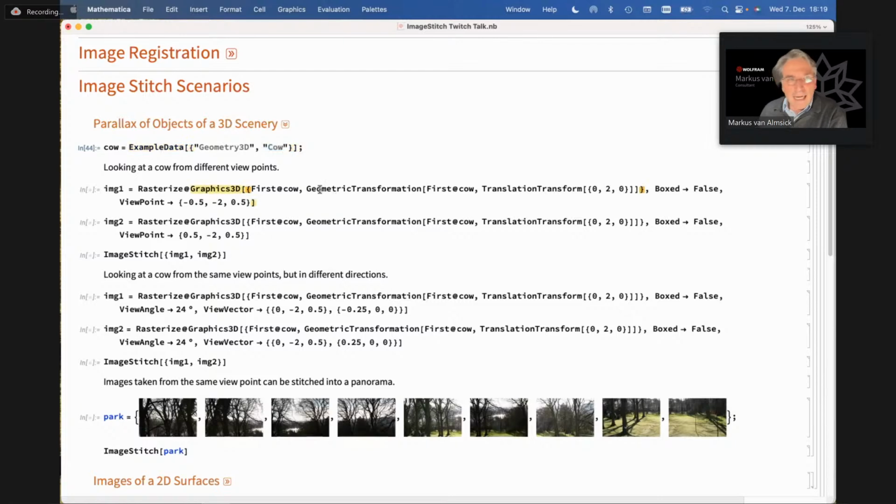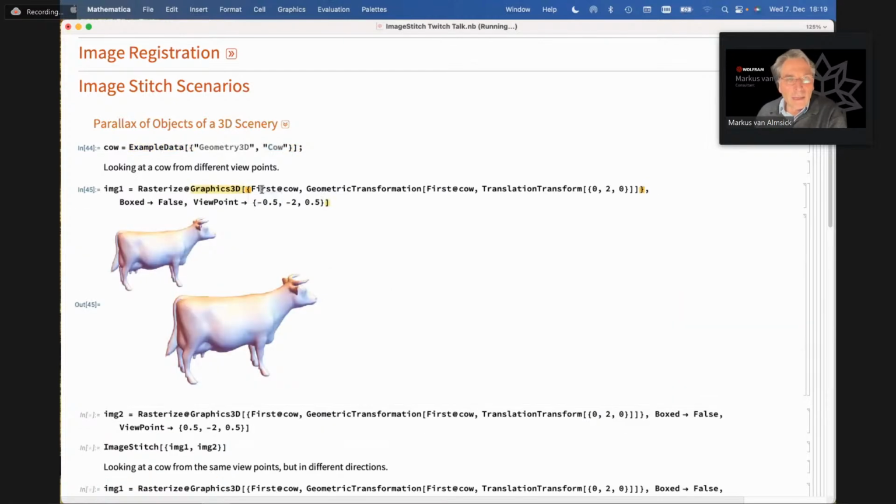Okay, so let's say I'm having a look at a cow. Cow number one is just the cow object taken out of this data. And cow number two is translated in the depth direction by 2 units into the background. And here I have chosen a viewpoint, and I clearly see 2 cows now, no big deal.